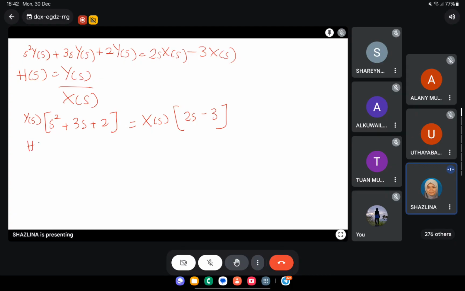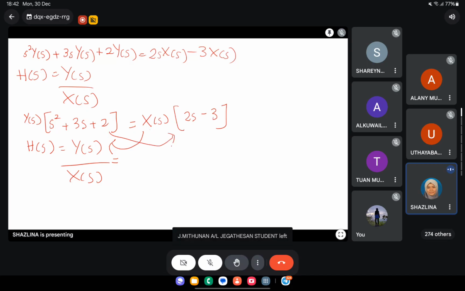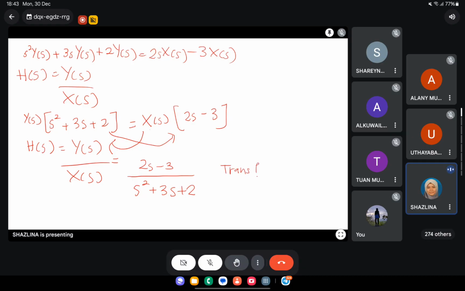So H(s), which is Y(s) over X(s), is, so X moves to the left, Y remains. So this one moves to this side and this one moves to this side. This one remains 2s minus 3. So it's 2s minus 3 over s square plus 3s plus 2. So this is the transfer function H(s).